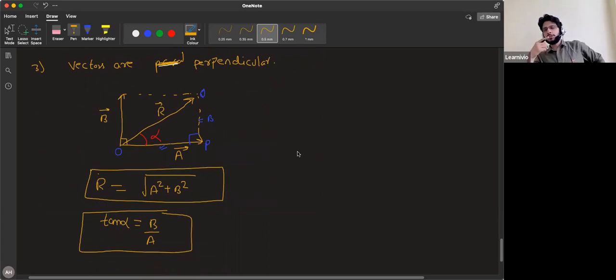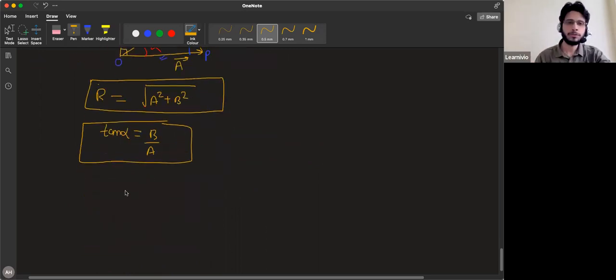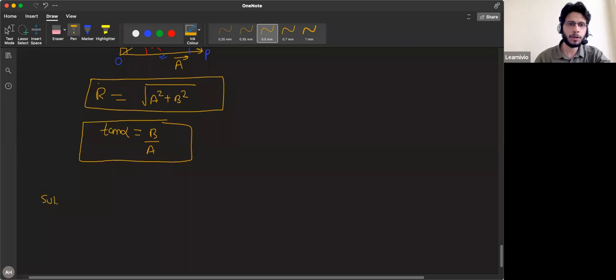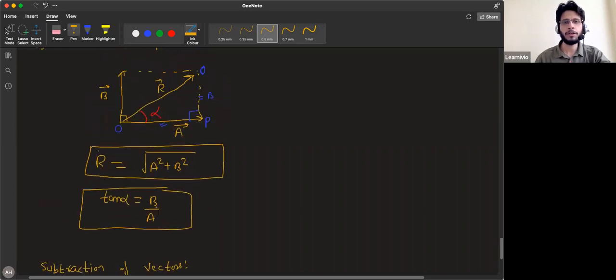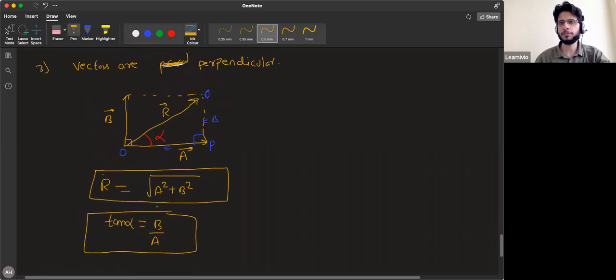So these discussions were for adding two vectors using parallelogram law. But using the same parallelogram law, you can subtract two vectors also. Everyone has written up to here, this perpendicular thing?